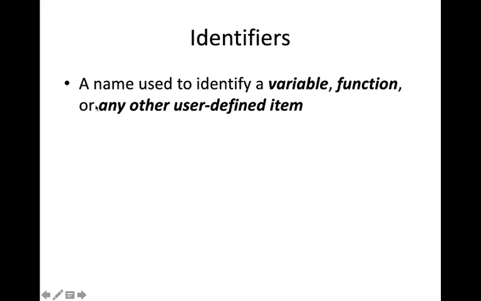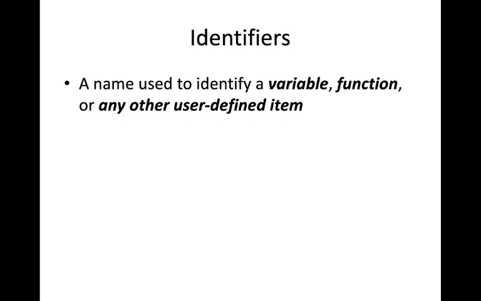Then we'll see what an identifier is. An identifier is a name used to identify a variable, function, or any other user-defined type. It's like a name. If you want to identify a particular person, we have a name, maybe Anne John. When we call Anne John, a picture of that person comes to your mind.